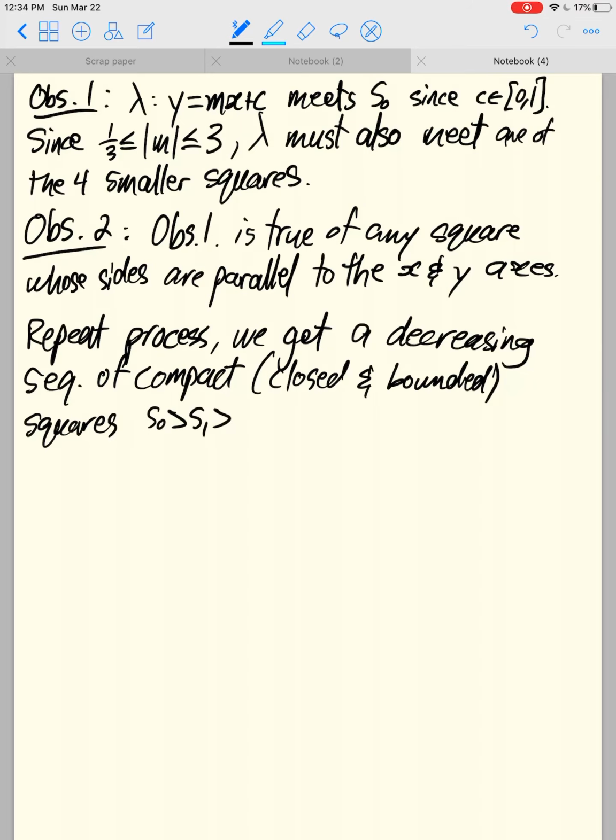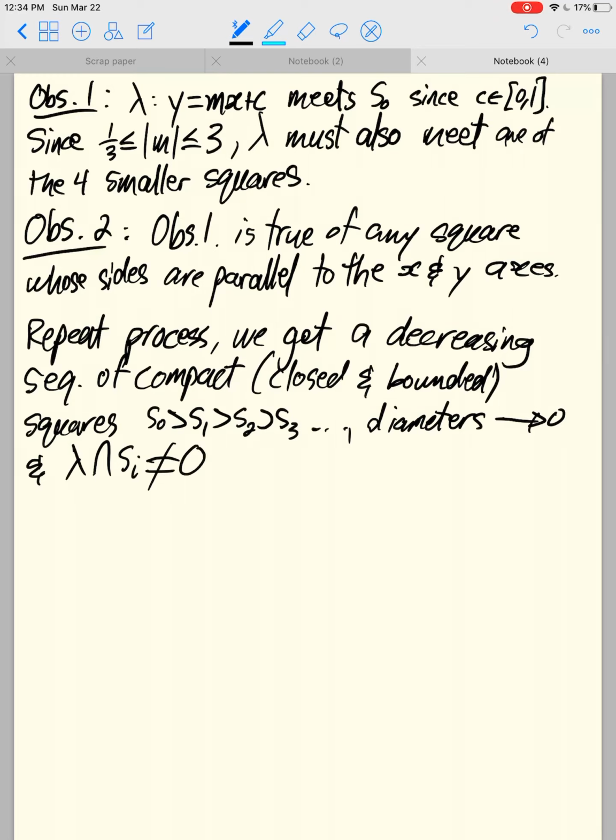As we've named them, S1, S2, etc., they're within each other, their diameters are shrinking to 0, and each one of them intersects with the line lambda. So the set of the intersection of the line and any of the squares is non-empty, and that applies to any of them.